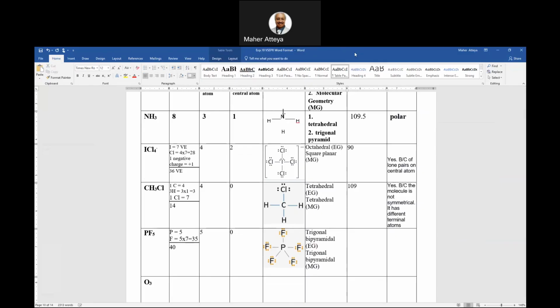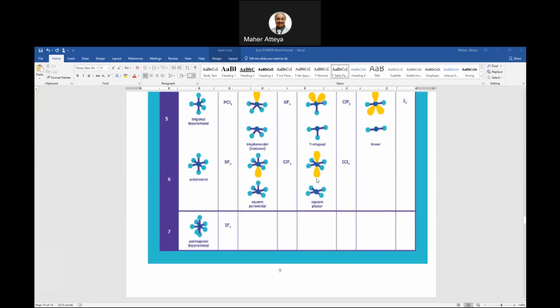So if you look at the trigonal bipyramid here, you have this and this angle, correct? And then one far away, those are from here, correct? This is this angle, and then the other one is this. So you will have 2 angles. This might be beyond your table.